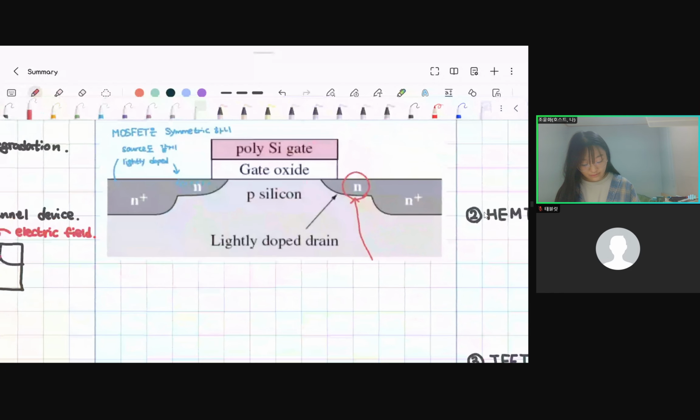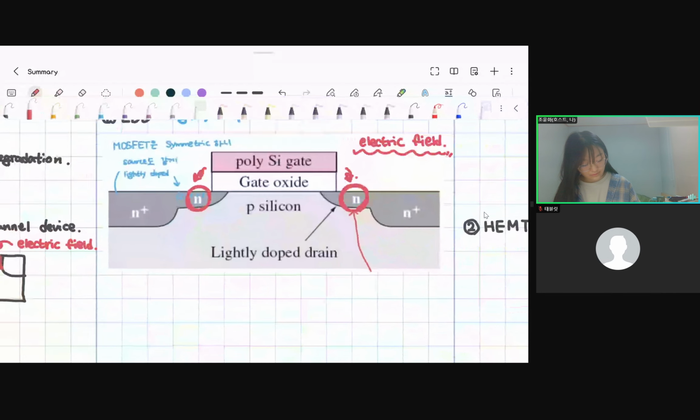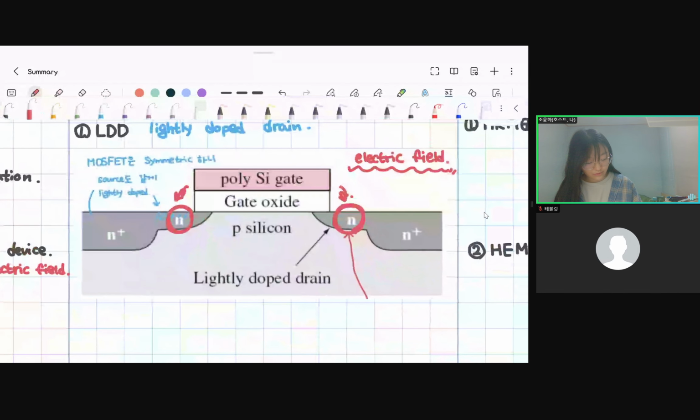It means that by doping lightly from here, we can reduce the electric field. Why do we reduce the electric field?